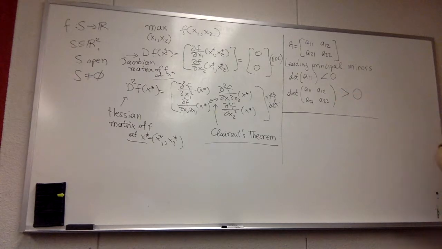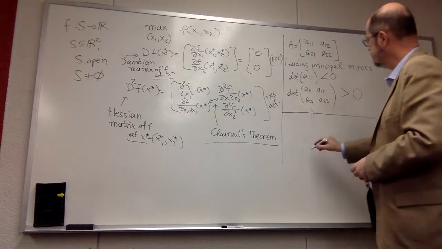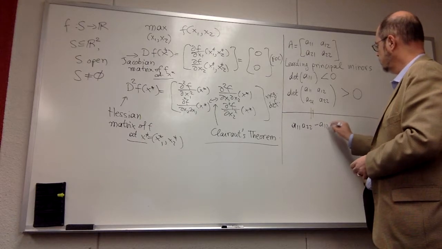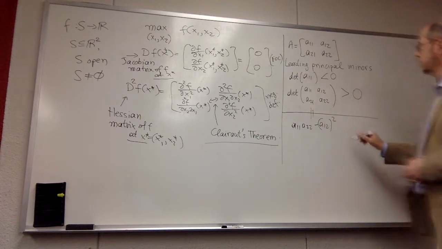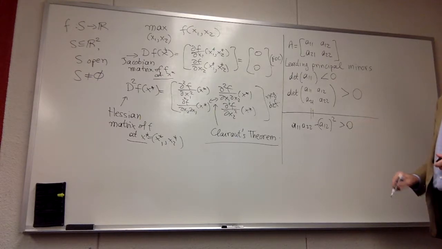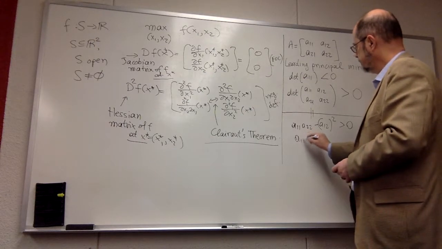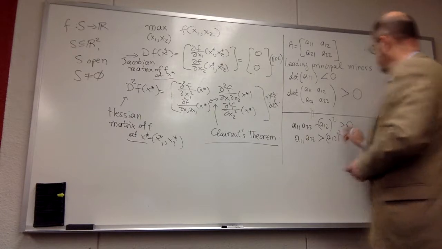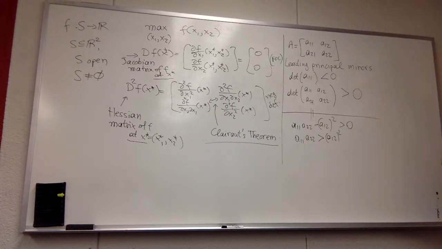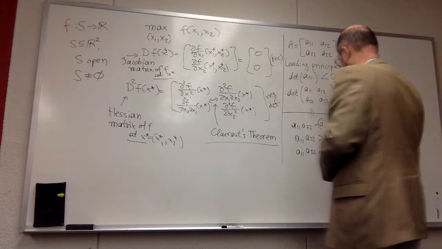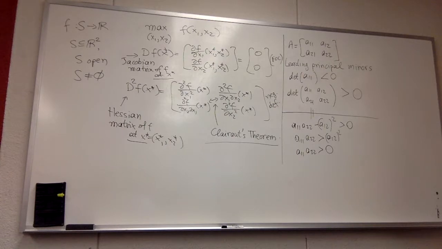Well, let's write this out. This is equal to A11 A22 minus A12 squared is positive, right? So A11 A22 is greater than A12 squared. So A11 A22 is positive because the square could never possibly be negative, right?